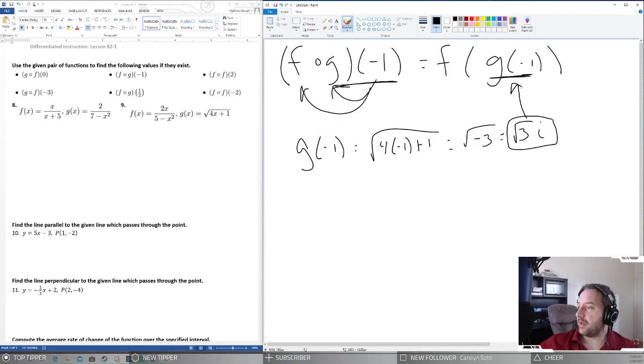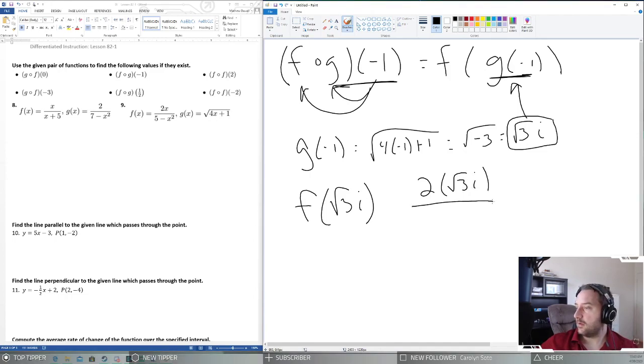So if I plug that in, that's f of root 3i, that's going to give me 2 times root 3i over 5 minus root 3i squared. And so that's going to be 2 root 3i on top.